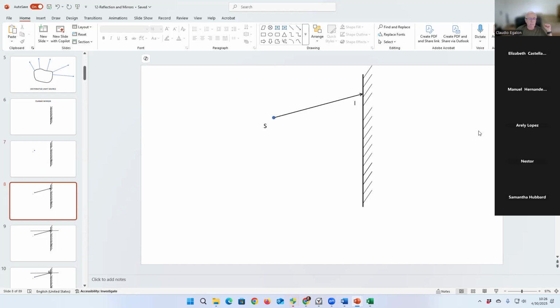And there is a very important relationship between the reflected light ray and the incident light ray, okay? How do you find out the incident light ray first?